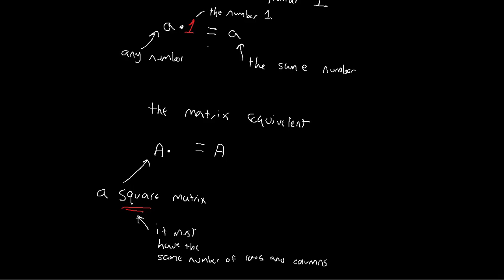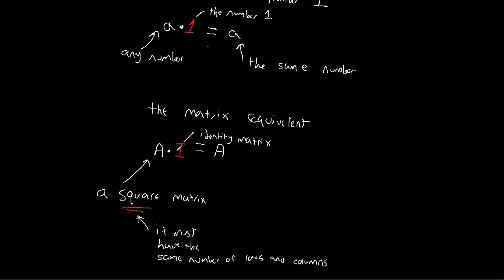So for now I'm going to throw in a placeholder called I. This I is what we call the identity matrix. Now, I'm not going to go through the proof behind how we get the identity matrix.